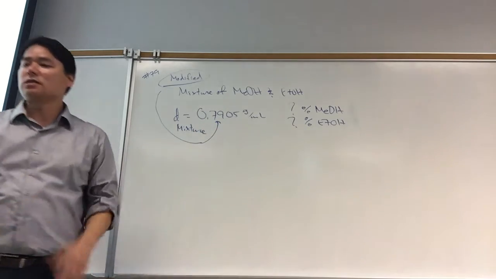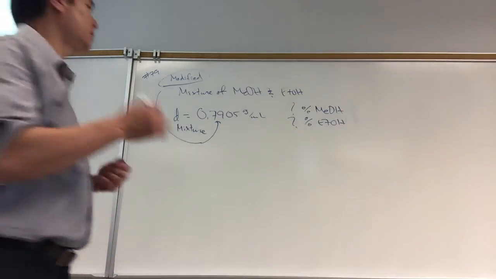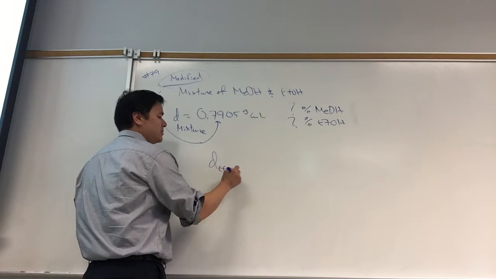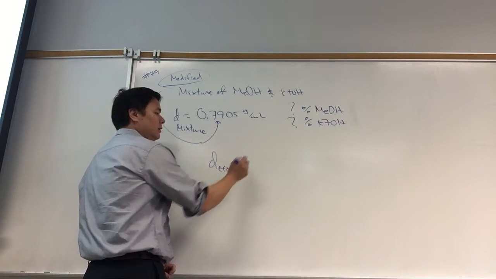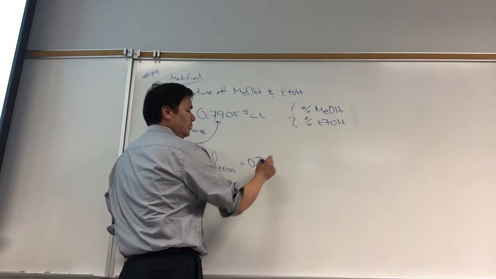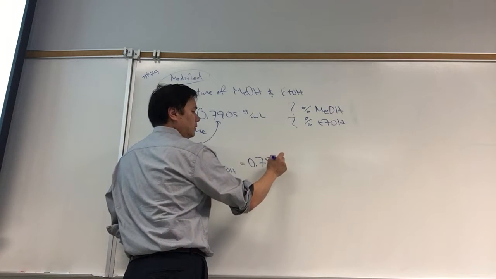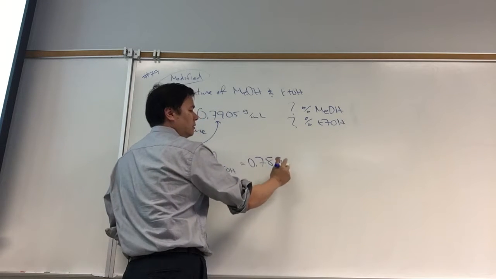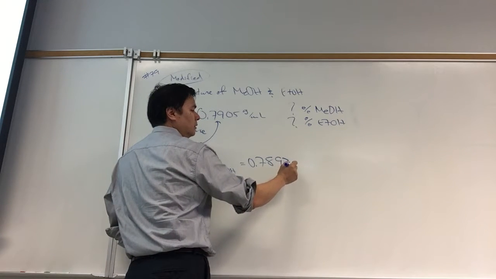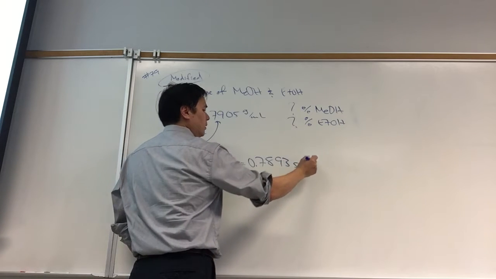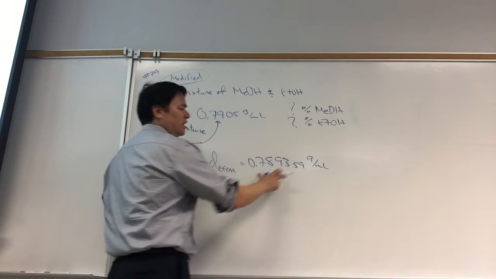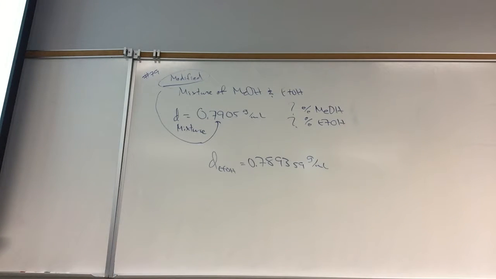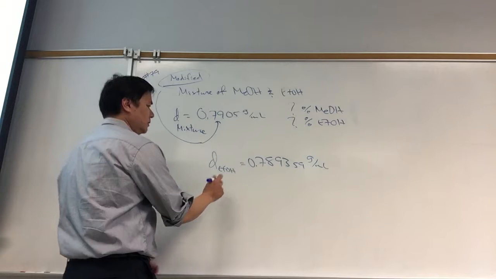Because the density changes. We looked at the density of ethanol. And the density of ethanol, can somebody remind me of that? What was the density of ethanol again? 0.7894. Okay, give me more digits. 0.78935. The reason I'm carrying extra digits is because we want to see something.